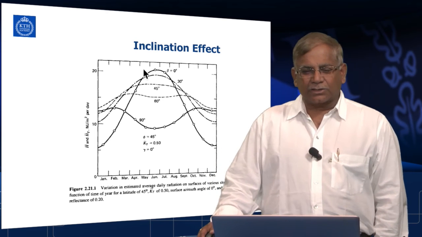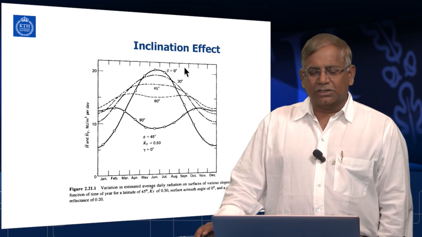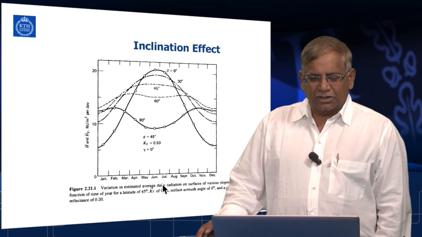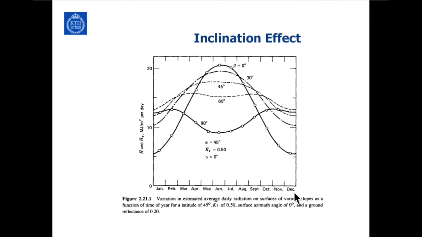And this is an experiment which was done to see the inclination angle effect throughout the year, taken from the Beckman book. This is in Wisconsin, where the latitude is about 45 degrees, and gamma is 0 degrees.